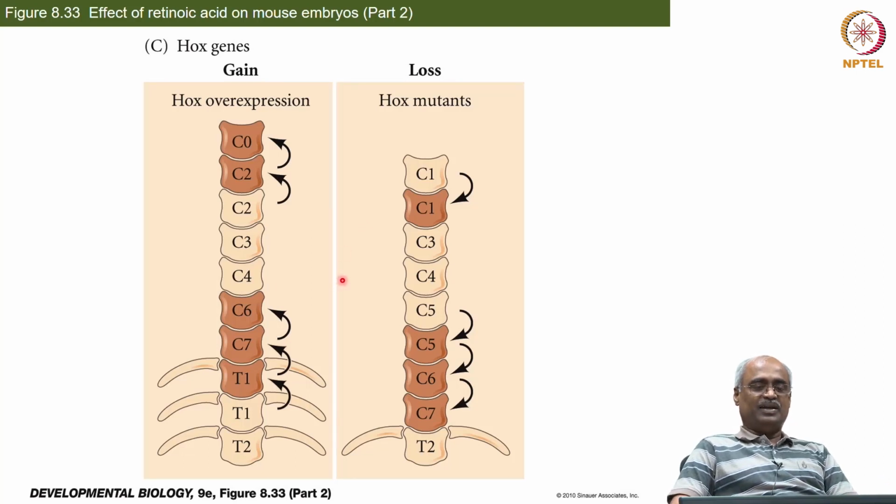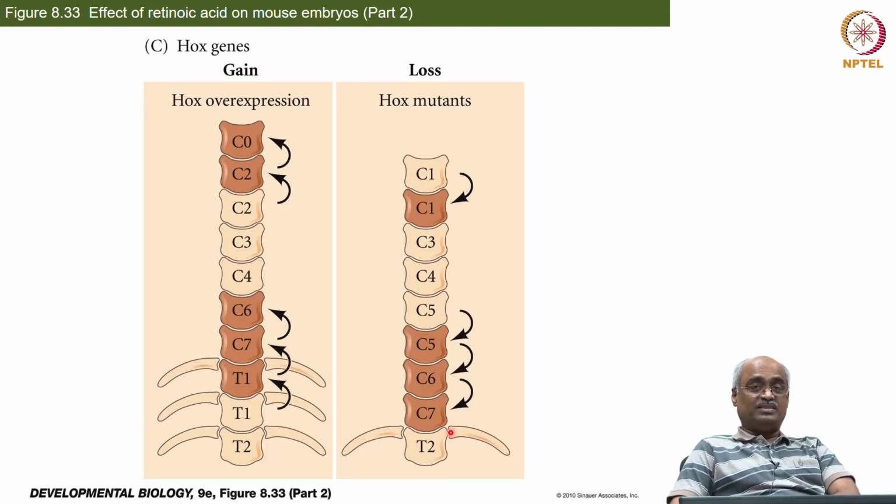So when you increase a posterior gene expression, it suppresses the anterior gene expression, and therefore the posterior expression domain shifts anteriorly, leading to posterior structures developing anteriorly. That is how this becomes converted into additional rib forming thoracic vertebral column, and the opposite with the loss.